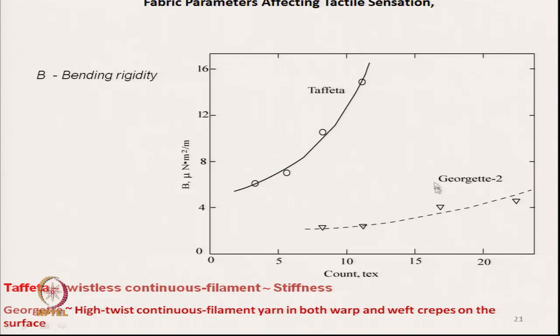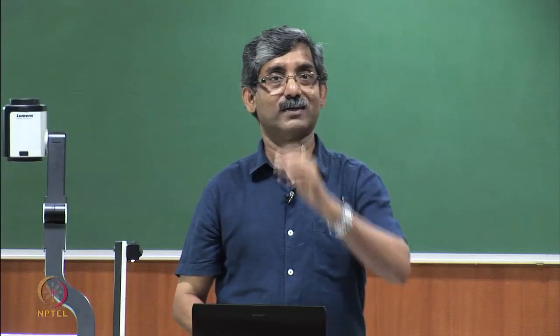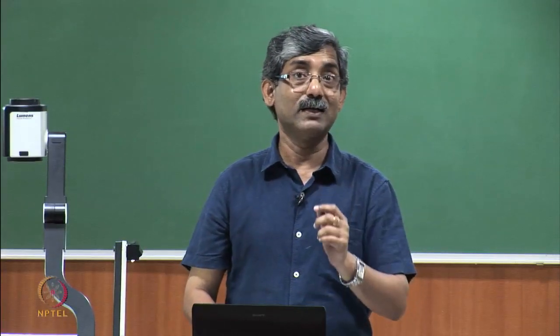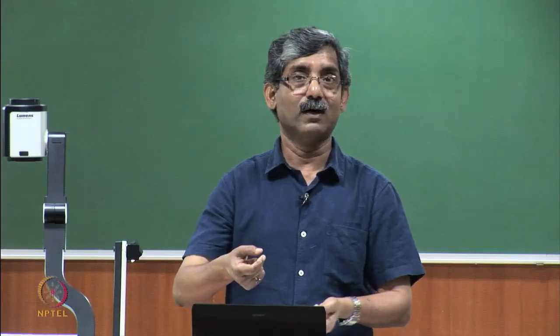You can see here the bending rigidity is much lower than the twistless filament. Flexibility also increases, it is more flexible. So, if we want high flexibility, then we must go for higher twisted yarn, but flexibility in the sense of bending of the yarn, not in any other sense. So, we can improve the bending characteristics.